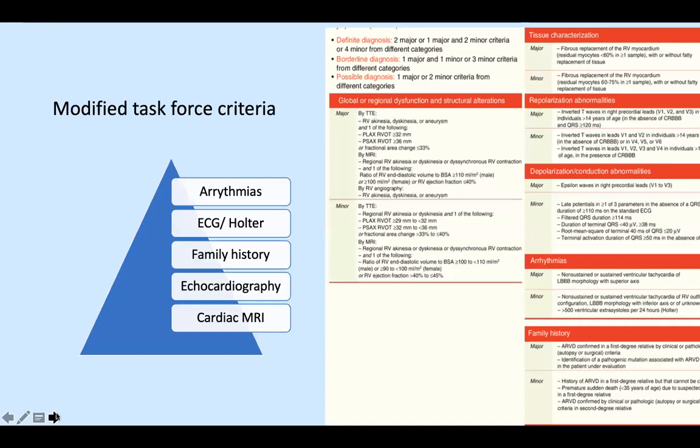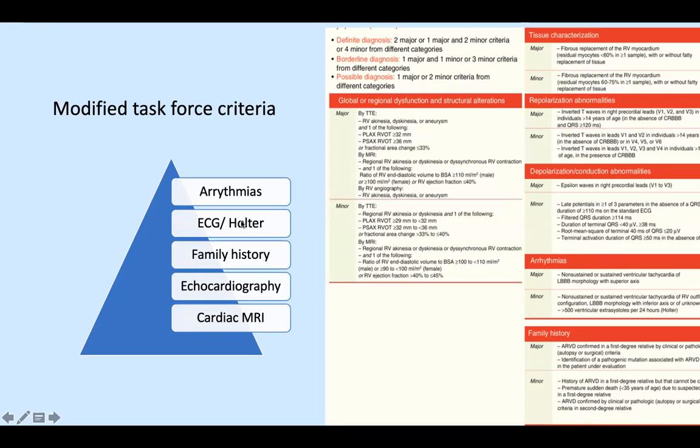The diagnosis is based on multiple methods. It is not with one test. You have to evaluate for global systolic function and structural alterations, which can be done by echocardiography and MRI, tissue characterization, ECG abnormalities with repolarization and depolarization abnormality, any presence of arrhythmias on Holter monitoring, and family history.